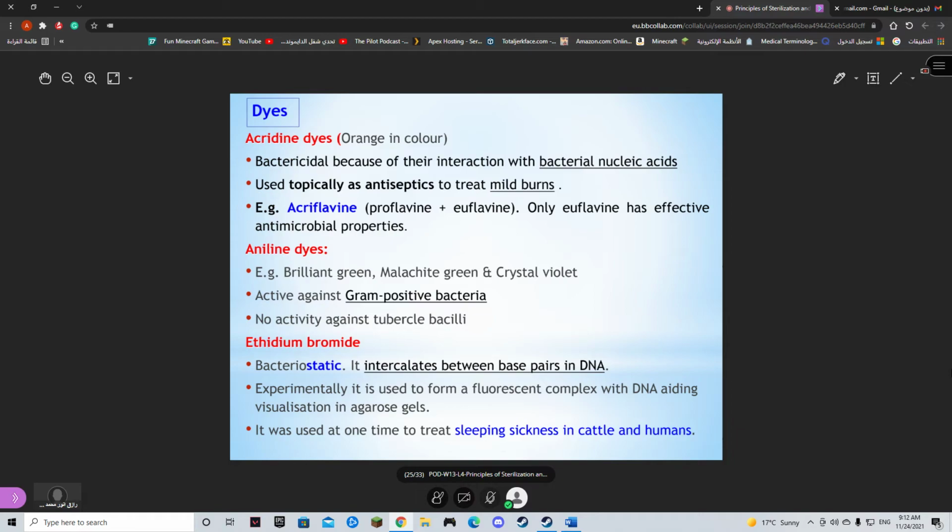So we have different types of dye used against bacteria. Ethidium bromide, but this is highly carcinogenic. It is also used especially in PCR, polymerase chain reaction. How will you see the band after doing the PCR?